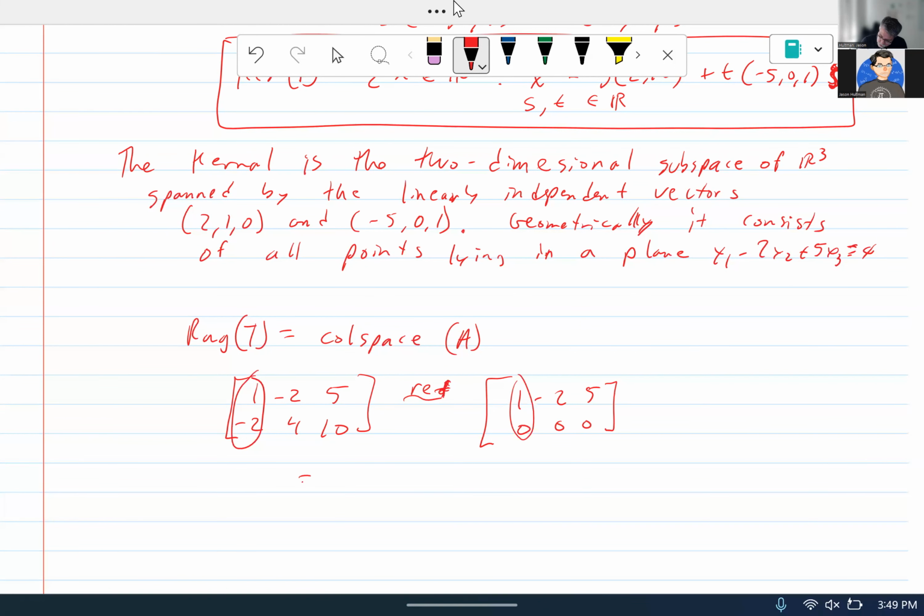So this is equal to the span. The column space of A is equal to the span of 1, -2. It's all the points that I can span with the vector 1, -2.